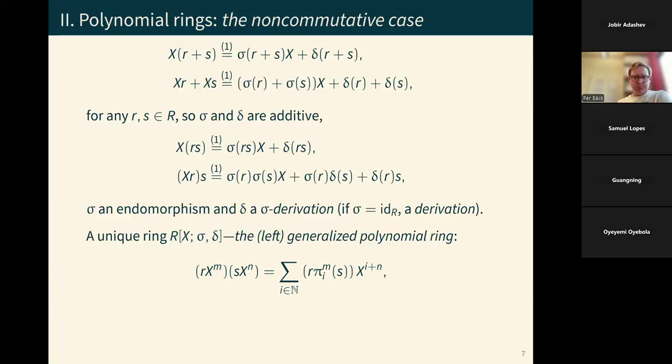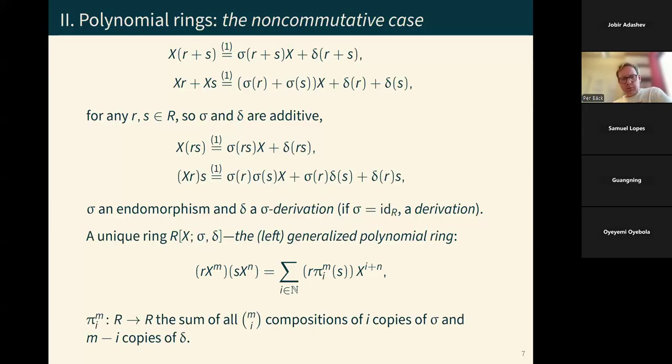So this is now the ring product here. This looks slightly complicated maybe, but these pi maps that you see are just certain sums of compositions of sigmas and delta, which you get from iterating this rule number 1. But at least there is such a formula for computing products. So this will be important for a later part of my talk.